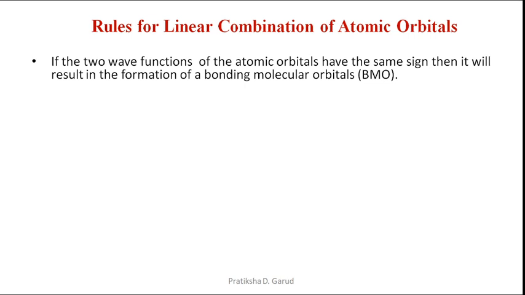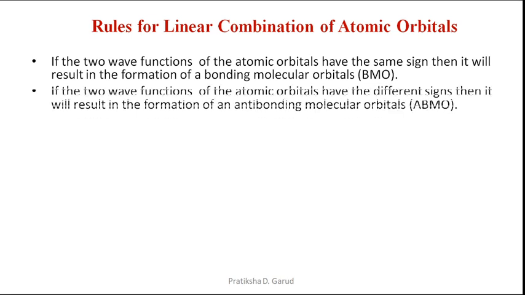Same sign, bonding molecular orbital. The second rule, if the two wave functions of the atomic orbitals have different signs, then it will result in the formation of the antibonding molecular orbital, that is ABMO.